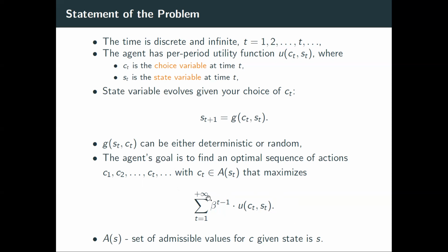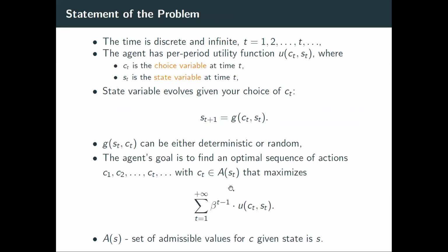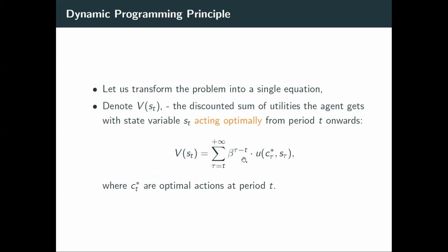When you take another stream of C's, it results in some other utility. And your goal is actually to find an optimal sequence of C's. And exactly for the value function, we denote the numerical value for your accumulated utilities that you get when you choose these CTs optimally. Because of that, we will have these stars here, meaning that these C's are optimal.